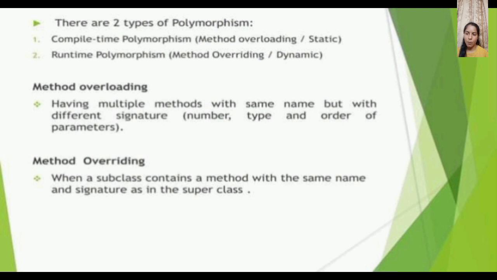Next, runtime polymorphism or method overriding: when a subclass contains a method with the same name and signature as in the superclass, it is called method overriding.